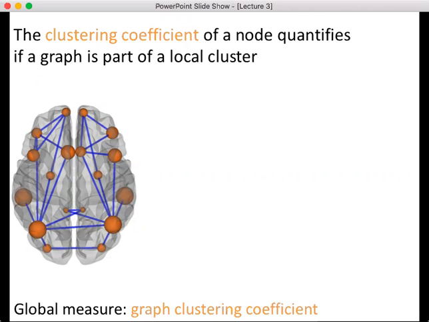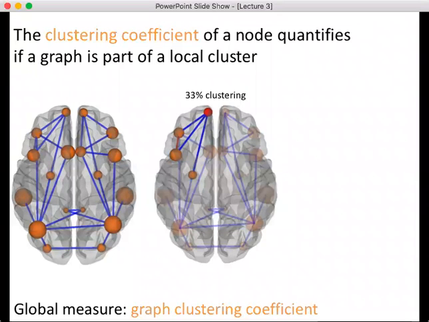Then you are part of a cluster of friends, because you are all friends with each other, and you have a high clustering coefficient for your friendships. If your friends don't really know each other, then your clustering coefficient of your friendships is low, because your friends don't know each other.